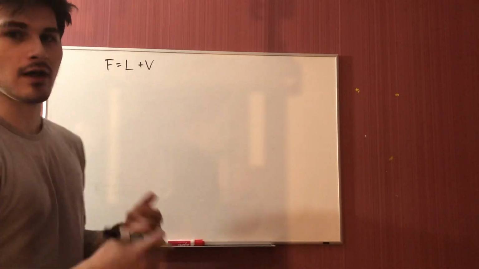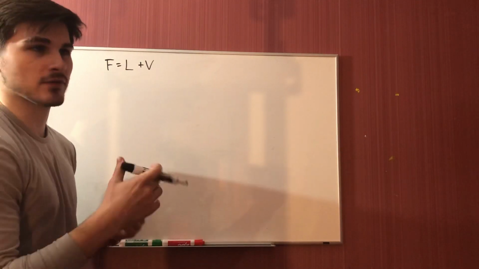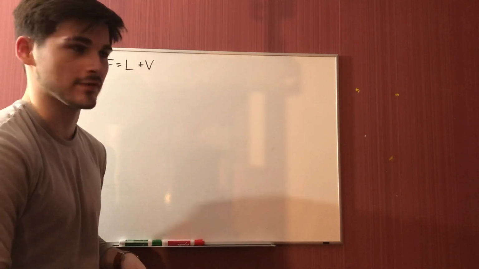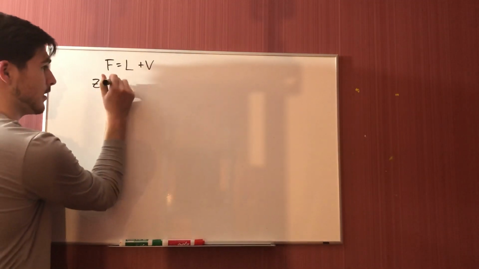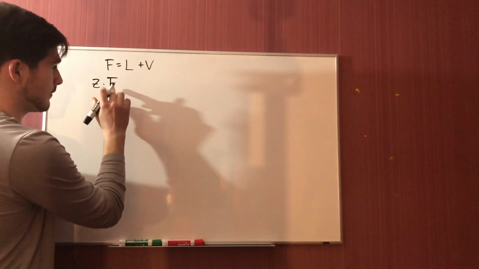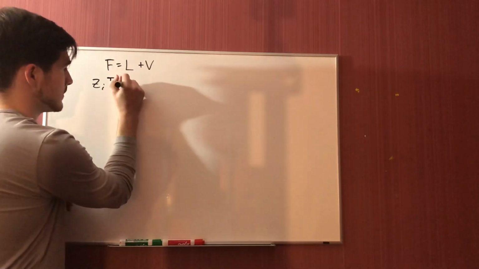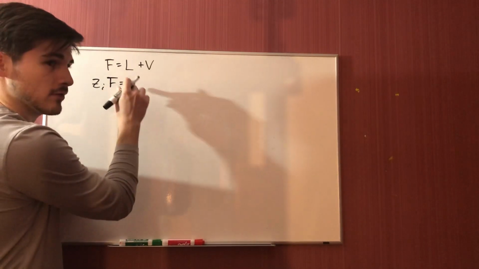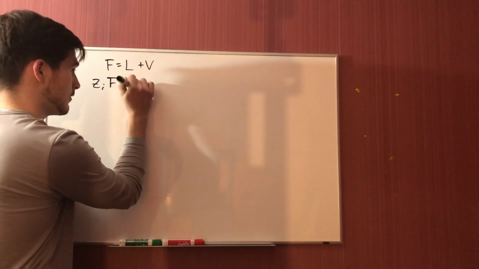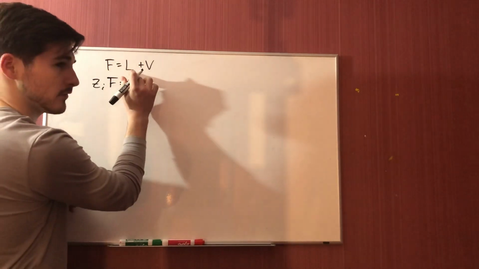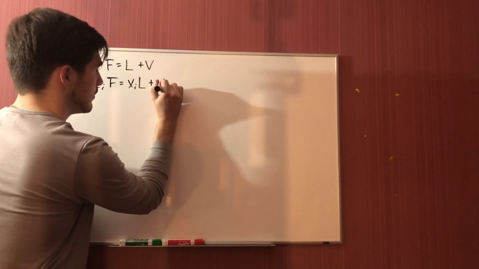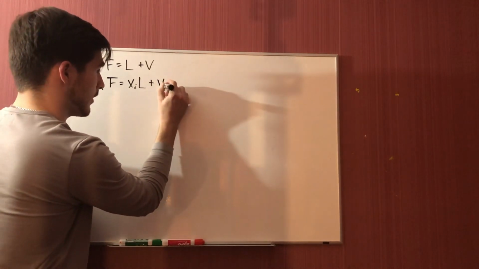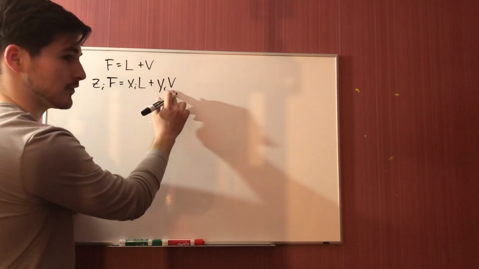Say we have a component I and it makes up a specific percentage, say Z_I, of a system. Well, we can say that the percentage of component I times the total number of moles in the system is equal to the liquid molar ratio of component I times the total number of liquid moles in the system plus the vapor molar ratio of component I times the total number of vapor moles in the system.